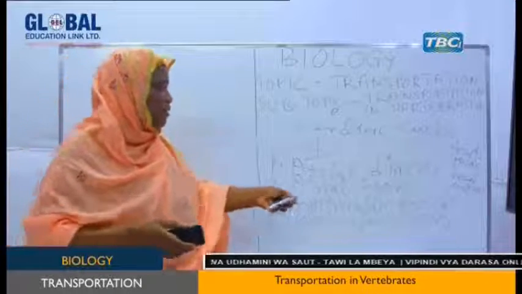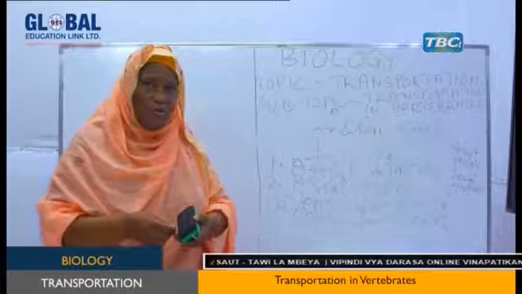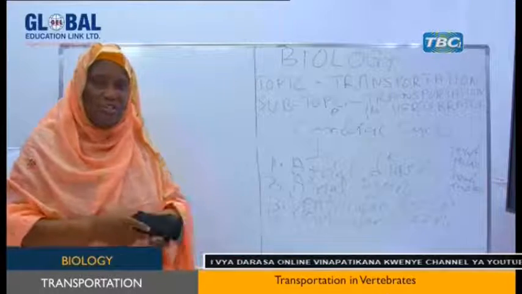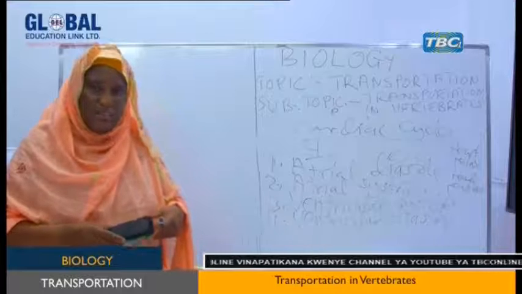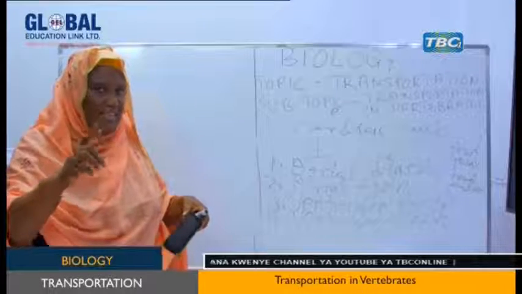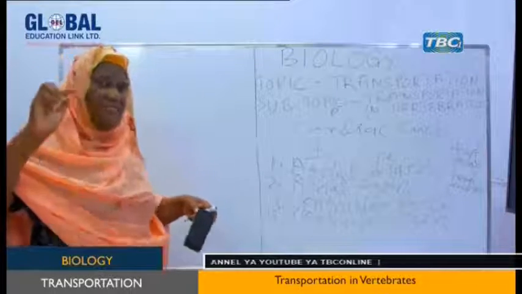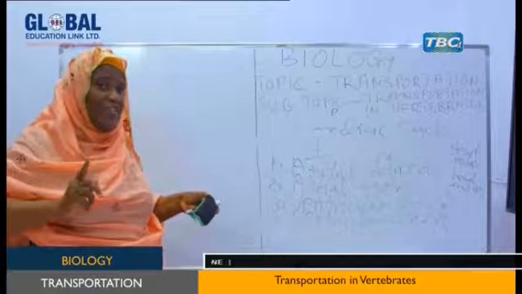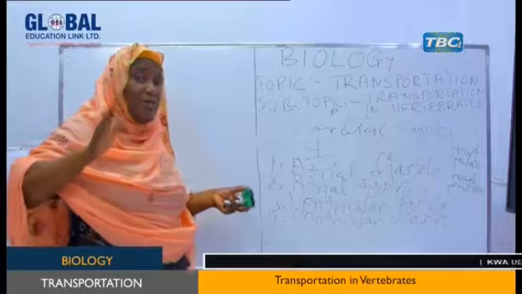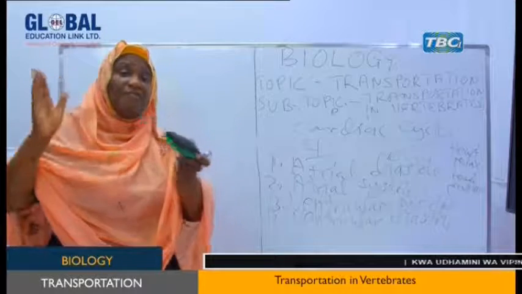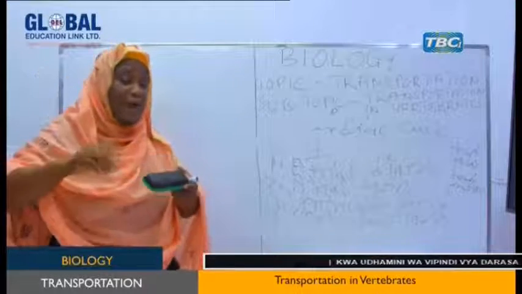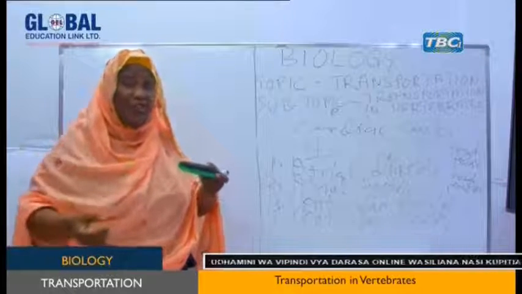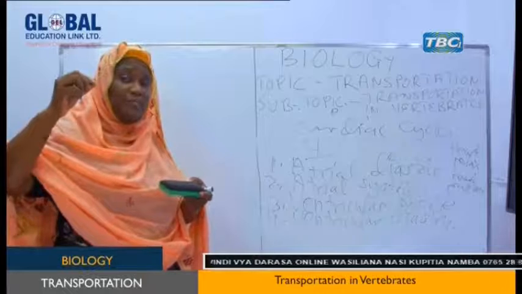Blood from left ventricle will enter to the blood vessel which is known as aorta. But mind you that I introduced you the valve there, semilunar valves. The pressure which is created by blood will make the semilunar valve there to open and allow blood to flow from left ventricle to aorta.